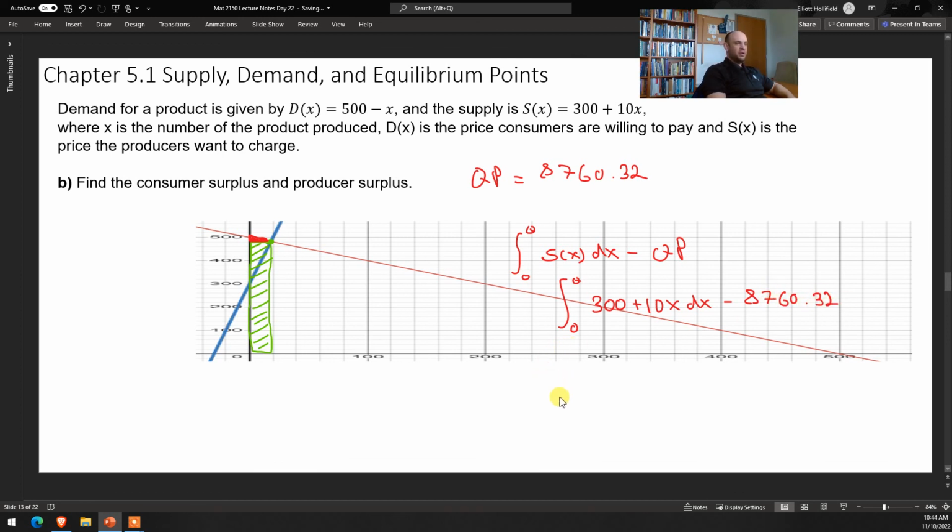Now we can compute our integral. We get 300x plus 5x squared, since 10x squared over 2 gives us 5x squared, integrated from 0 to 18.18.